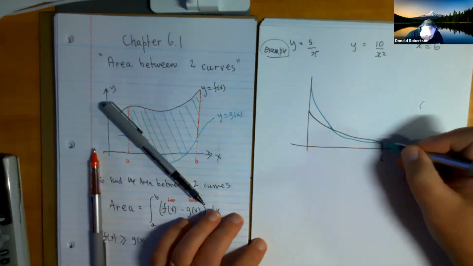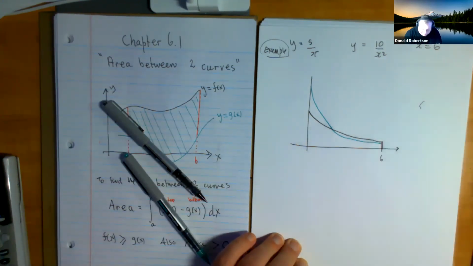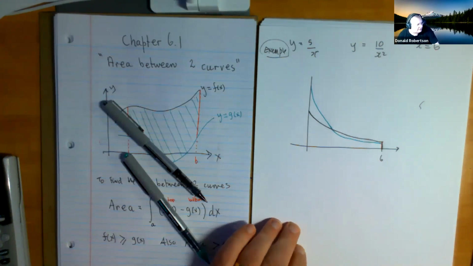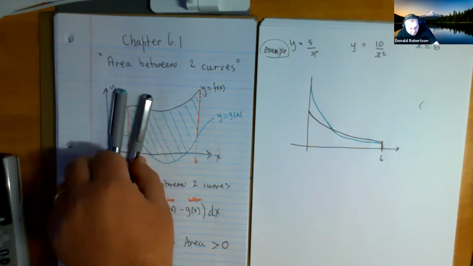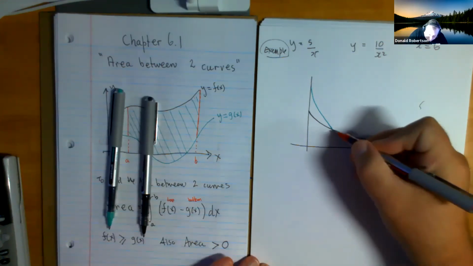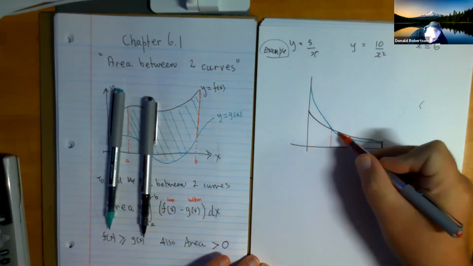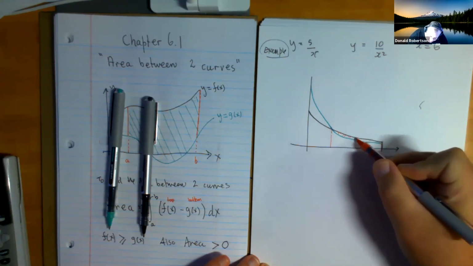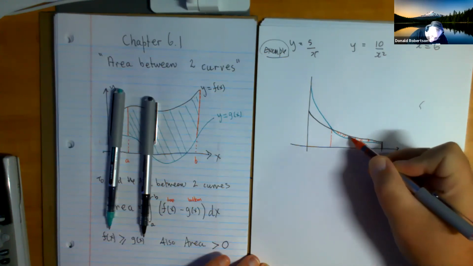Now, the x equals 6 was quite helpful because it actually tells us that guy. And we're looking for the area between these two curves. So in this particular question, if I look here and here, can you see that the area they're talking about is a very skinny banana?